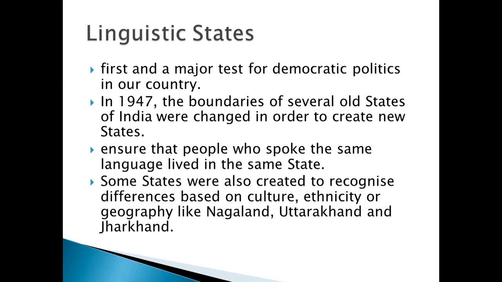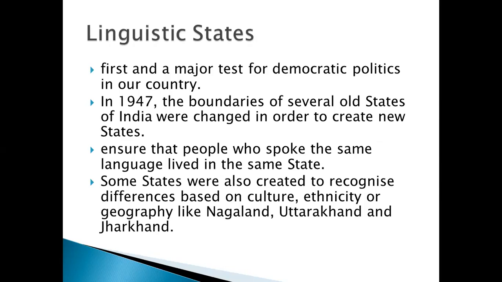The people speaking Bangla language were ensured that they live in the same state, and the state was called Pashchim Bengal. Then the people speaking Gujarati were ensured to be living in a separate state, and the state was called Gujarat. This way, the states were divided, or you can say created, on linguistic basis.